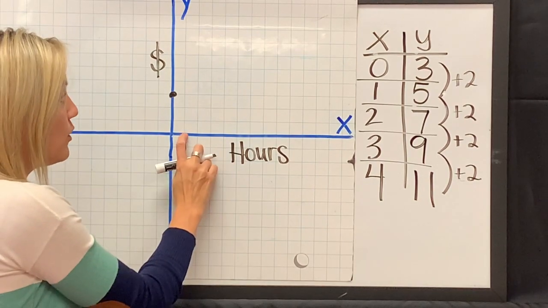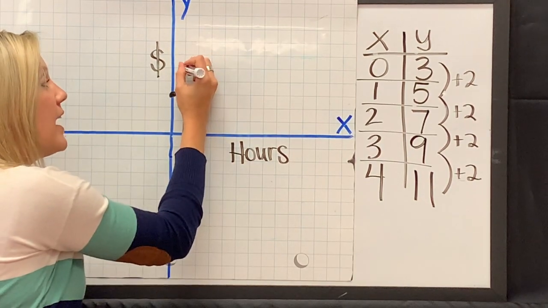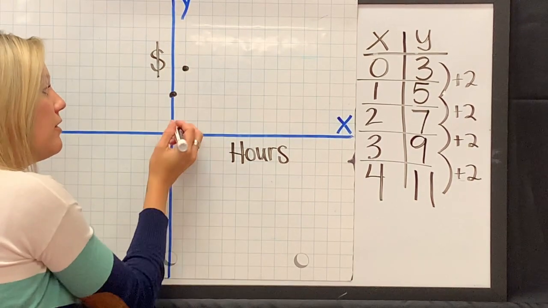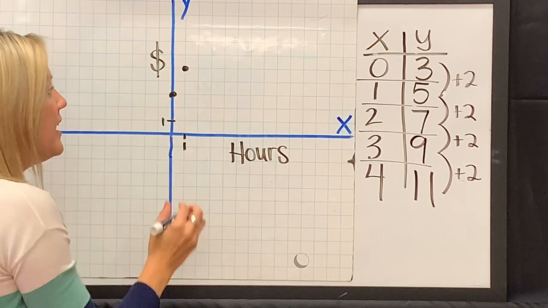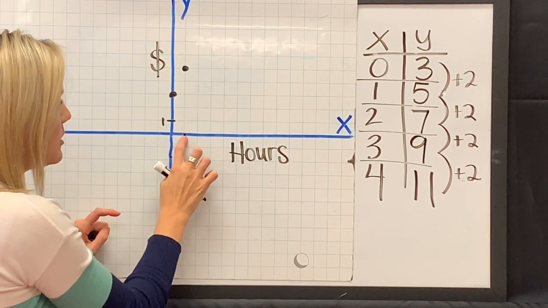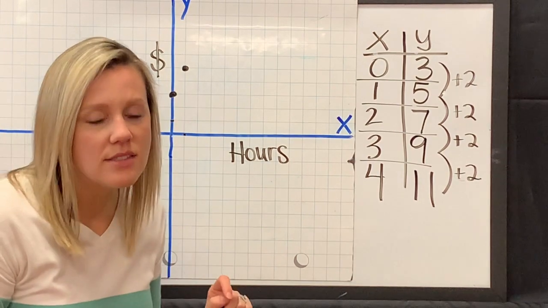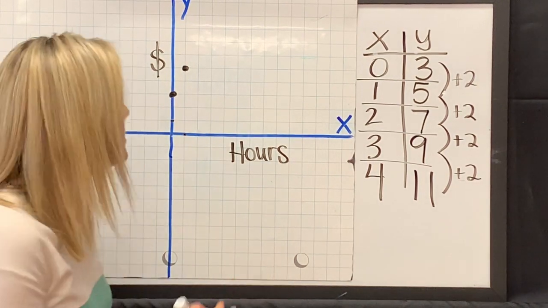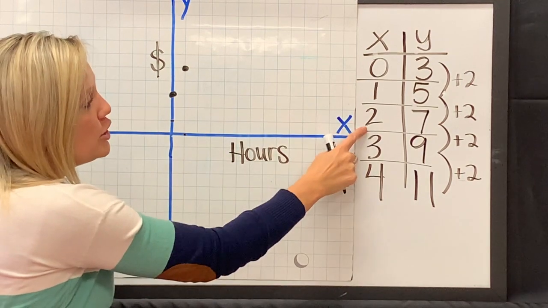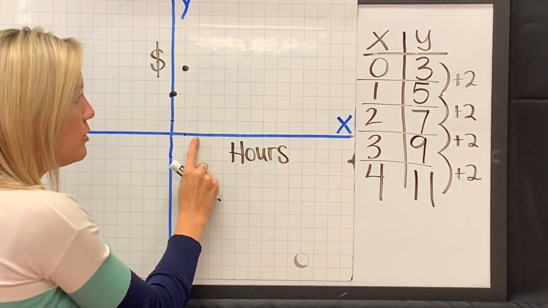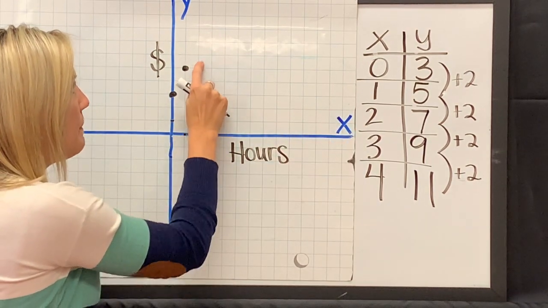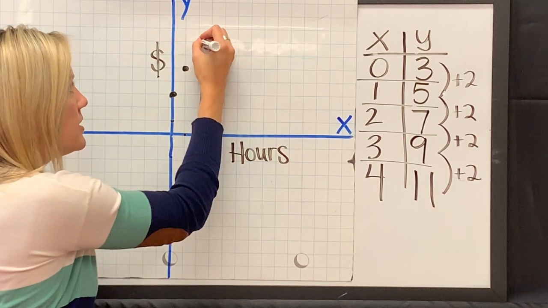So I'm going to go over 1 hour, and I'm going to go up to $5 in money. We are also counting by ones on our money side. And if you don't see any numbers labeled, you are most likely counting by ones unless it says otherwise. Okay? After working 2 hours, I'm going to be up at $7.